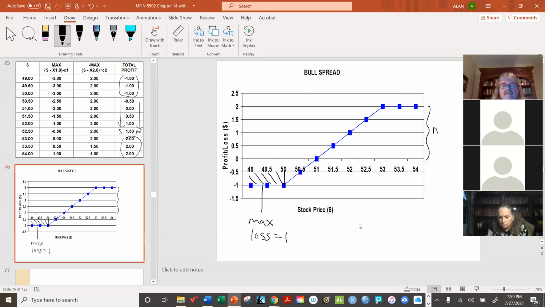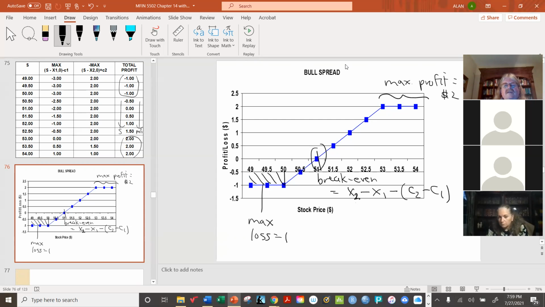And the maximum profit, actually, I shouldn't put that there. And then in between, now there is a break-even point equals 51, okay, it's $51. And that's their final position.